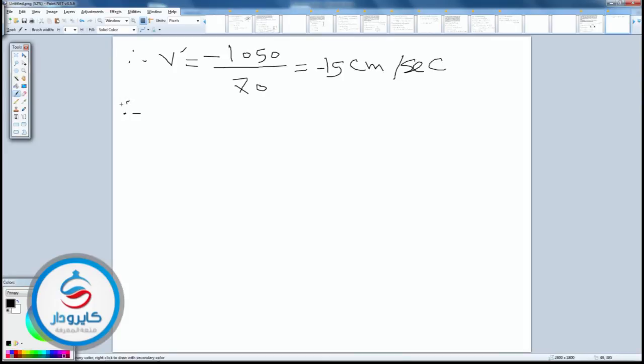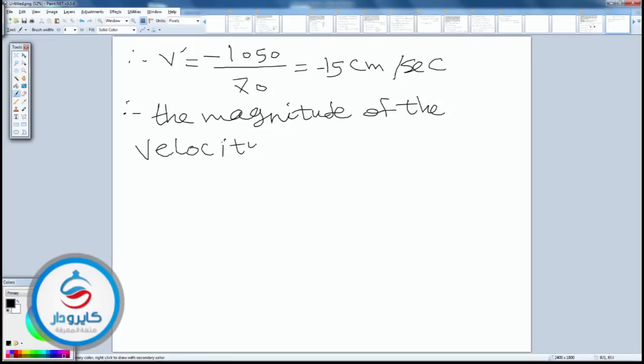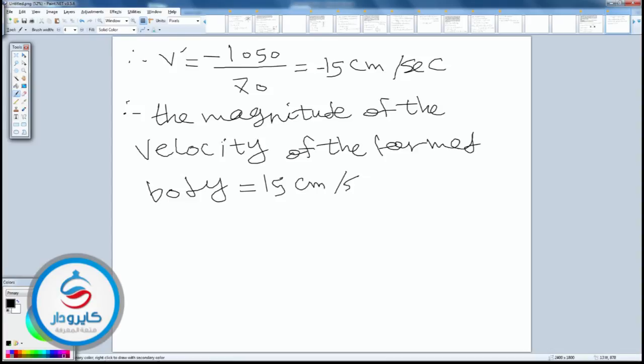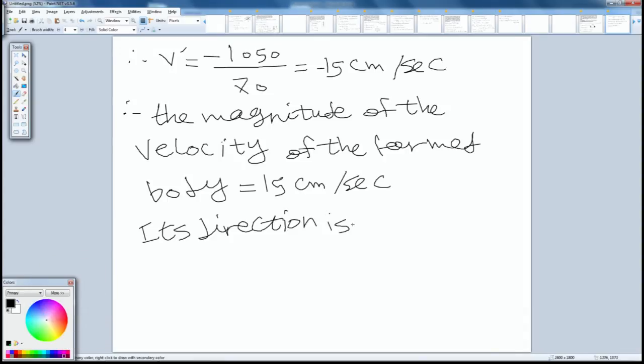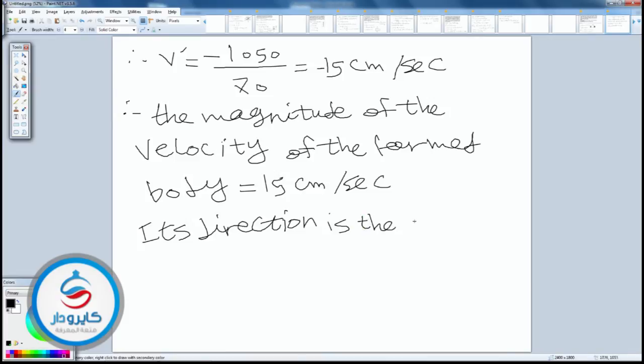Therefore, the magnitude of the velocity of the formed body equals 15 centimeter per second, in the same direction of the second one.